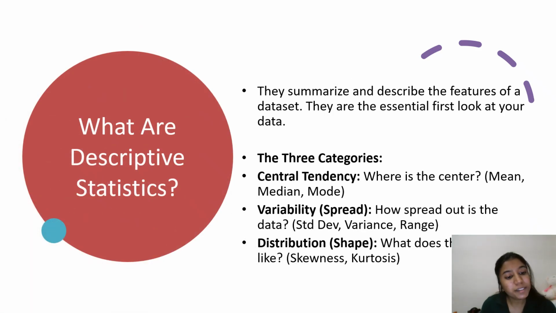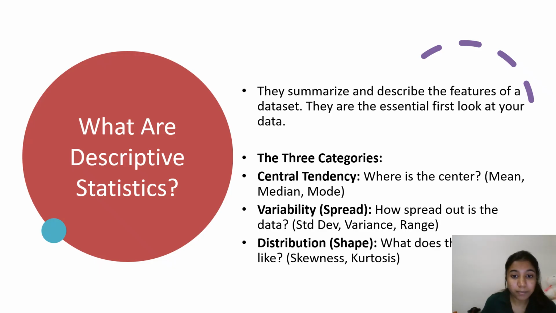In simple terms, descriptive statistics are methods used to quantitatively describe or summarize features of a collection of information. They just describe. They don't infer or predict. They condense hundreds of data points into a few helpful numbers.